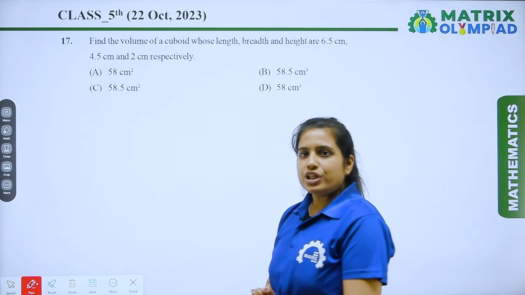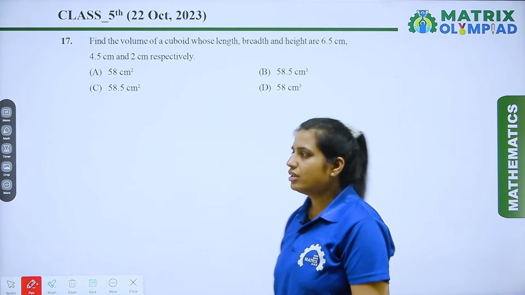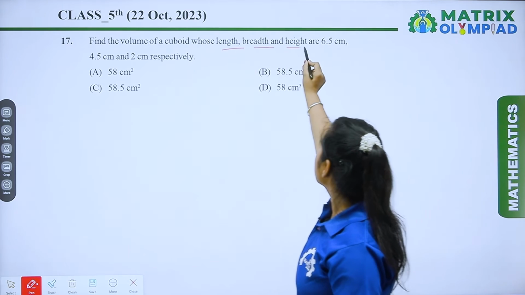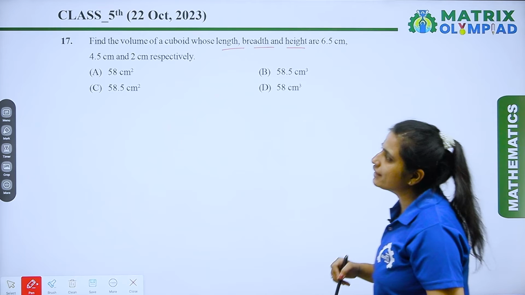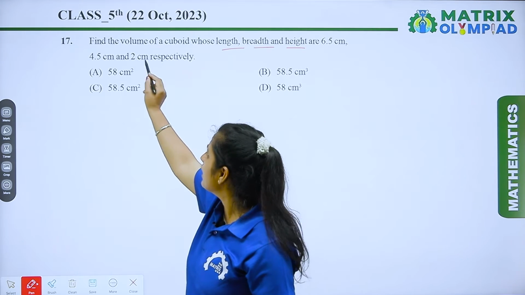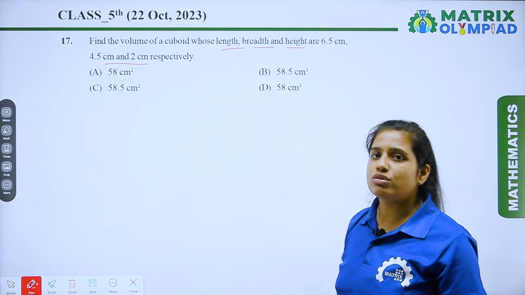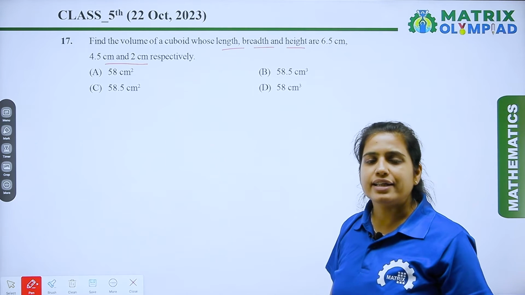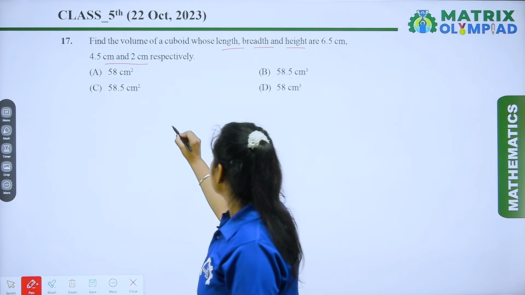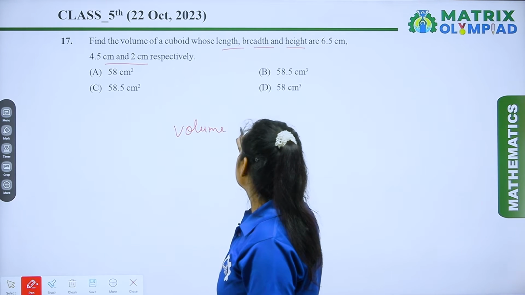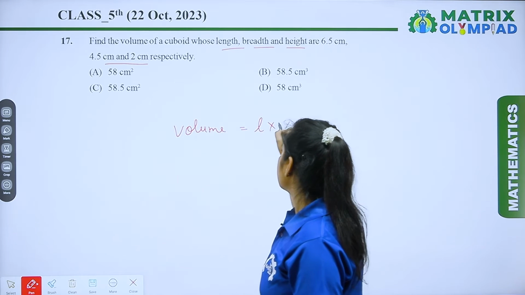Now the next question is question number 17. Find the volume of a cuboid whose length, breadth and height are 6.5 centimeter, 4.5 centimeter and 2 centimeter respectively. We know the formula to find the volume of a cuboid, and that is L into B into H, that is length multiplied by breadth multiplied by height.